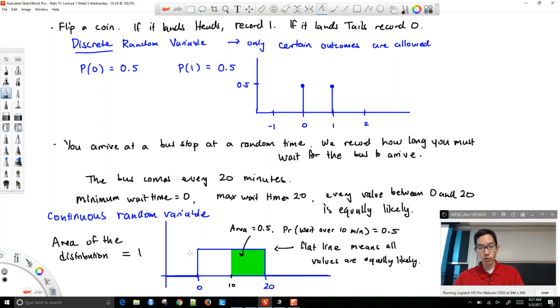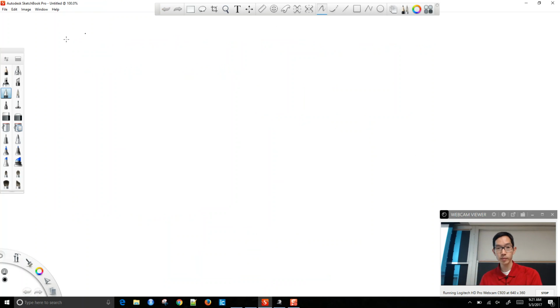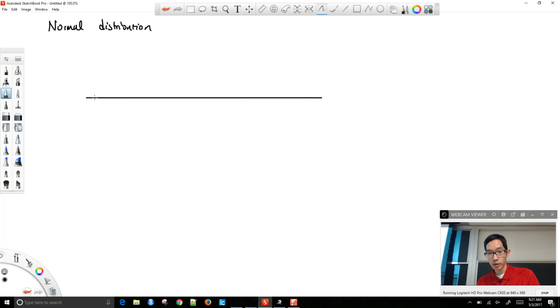And with the normal distribution, our probability distribution looks like a hill. Okay, something like this. It's supposed to be symmetric.